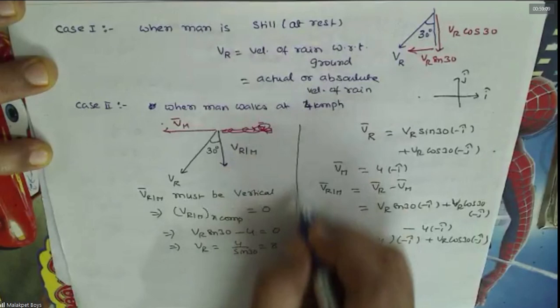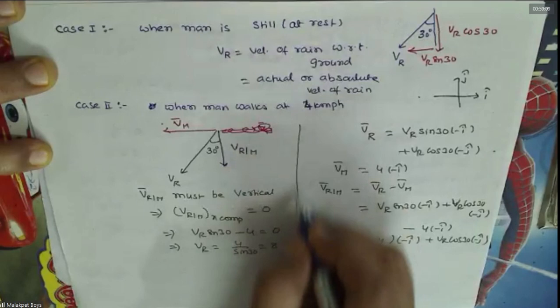VR value is known. This is 8 into root 3 by 2. This is 4 minus i, 4 root 3. Do you agree with this or not? Yes, sir.